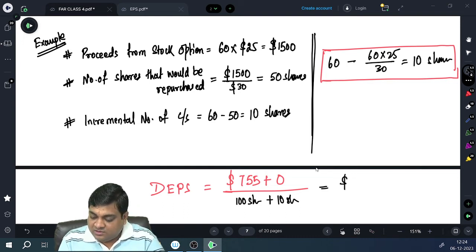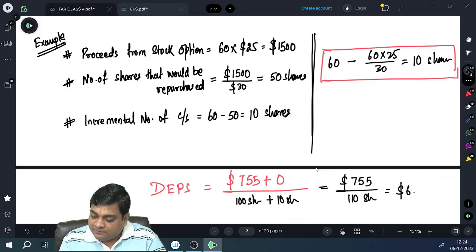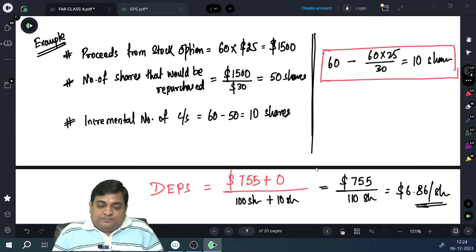So this is 7.55 by 110, 6.86 per share. So again, it's dilutive in nature. It can be an employee stock option, it can be normal share warrants, anything.